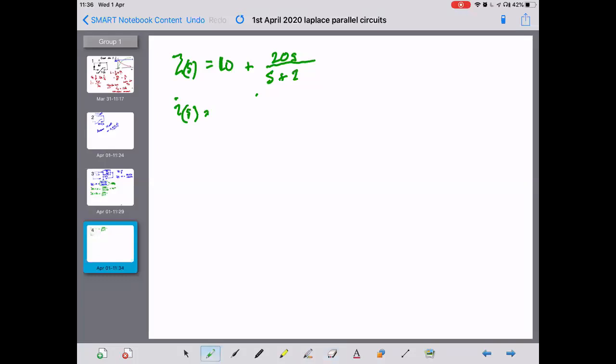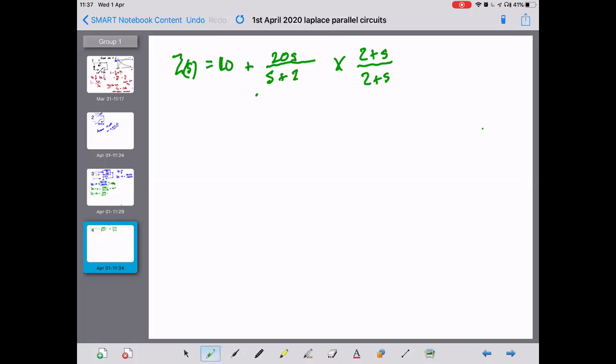We could do a bit more to this impedance. What we're going to do is multiply by 2 plus S over 2 plus S. Effectively, we're multiplying by 1. And that is the whole thing, including the 10.